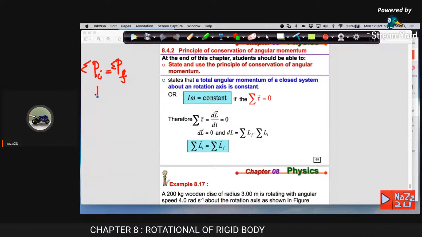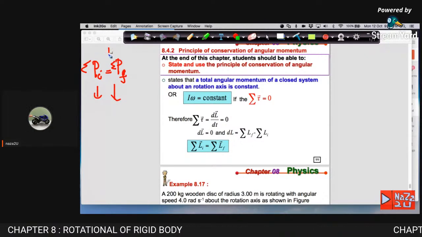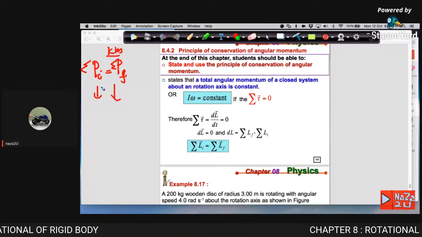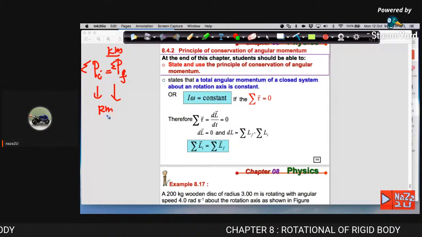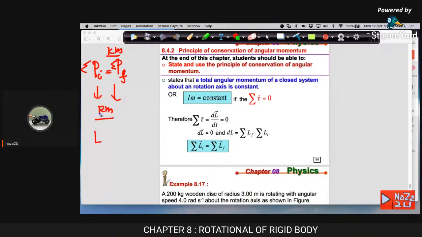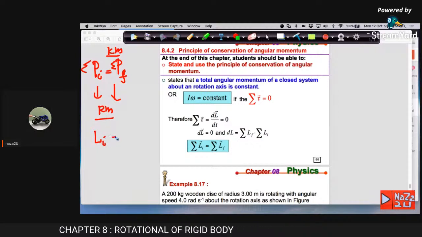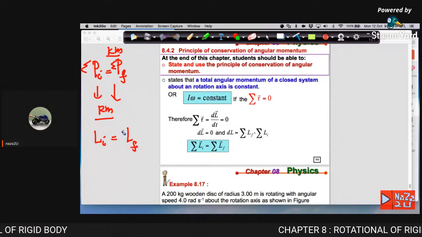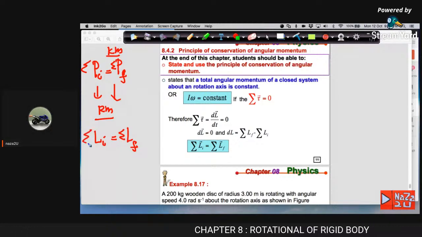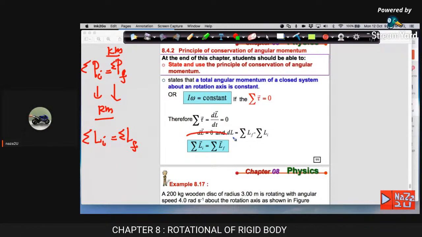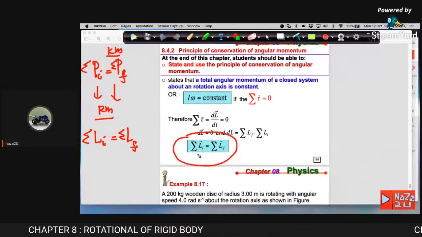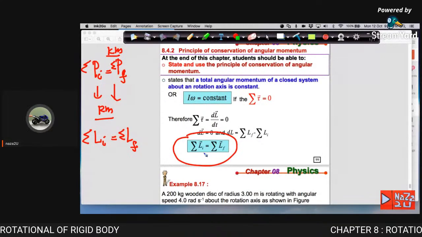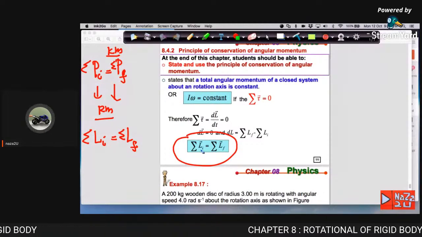So sama juga dalam case kinematic motion. Kalau dalam rotational motion, kita ada momentum L, initial L is equal to final L, total L. Jadi dalam momentum pun sama juga, angular momentum. Kita ada conservation of total angular momentum.